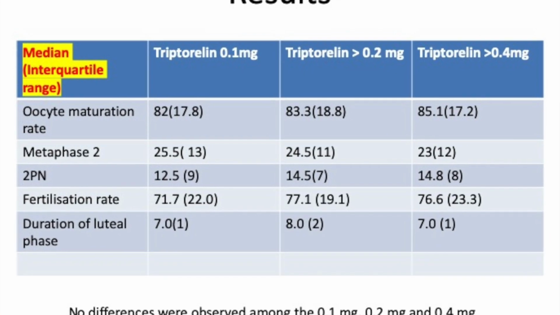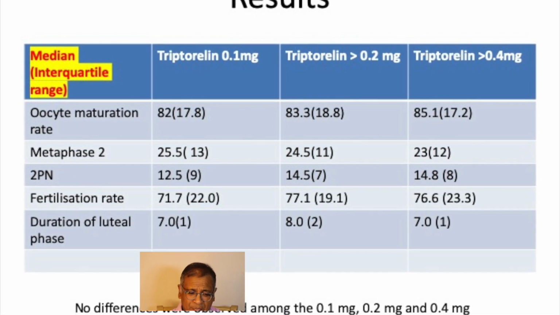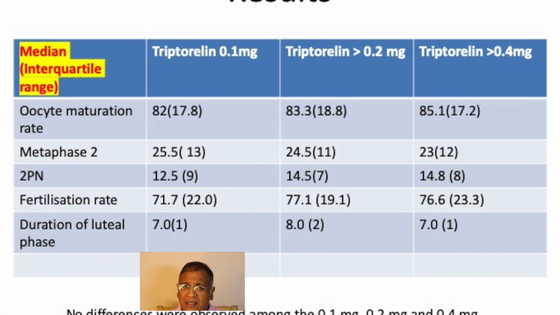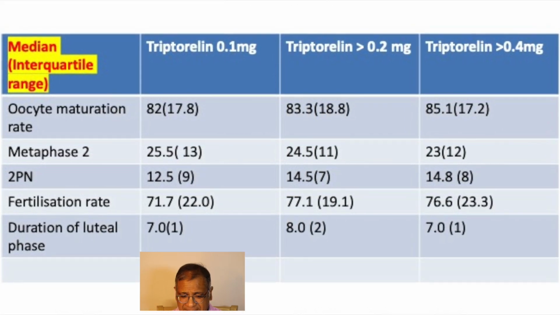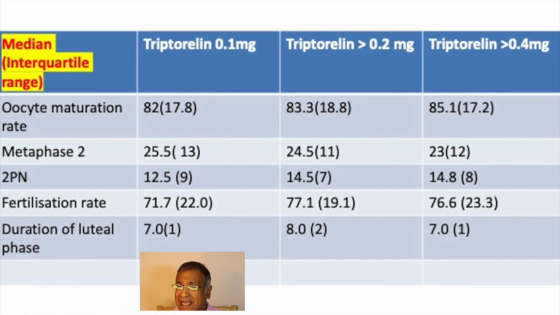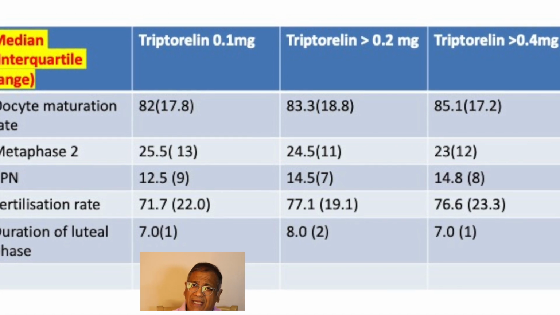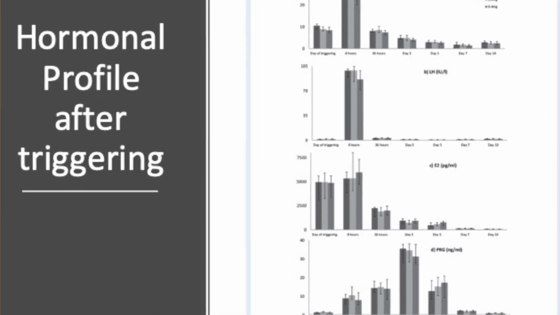And here it's interesting. When you looked at oocyte maturation rate, there was no difference in the dose of either 0.1, 0.2 or 0.4 milligram. And if you look at metaphase 2 oocytes, very similar. 2PN, 2 pronuclear, very similar. Fertilization rates were very much similar, and duration of luteal phase, again shorter, was very much similar. If you looked at the hormonal profile, the progesterone was highest on day 3 and then starts dropping.